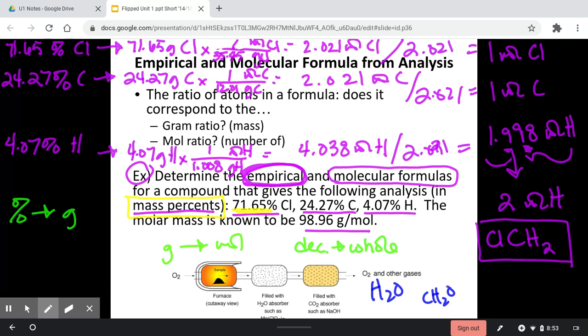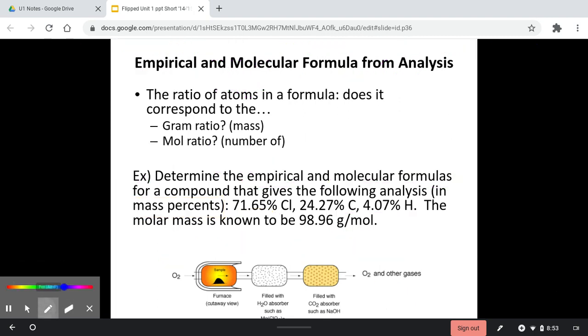Something like CH2O, however, is the lowest possible ratio of carbon, hydrogen, and oxygen in glucose, but CH2O isn't the molecule that actually exists. The molecule that actually exists is much, much bigger. So now we need to figure out what our molecular formula is. Okay, I'm going to erase this and we're going to move into molecular formula.